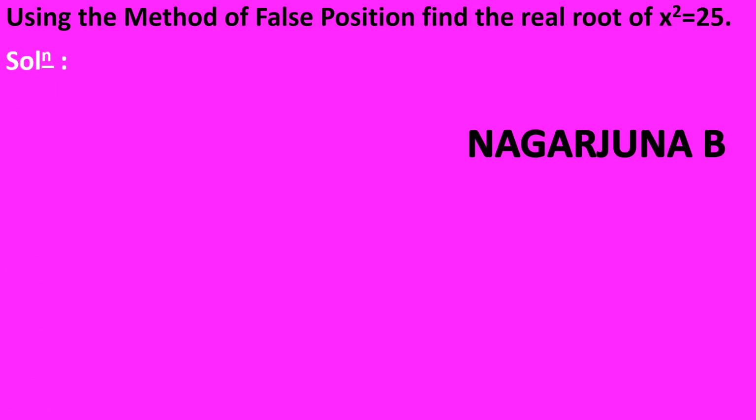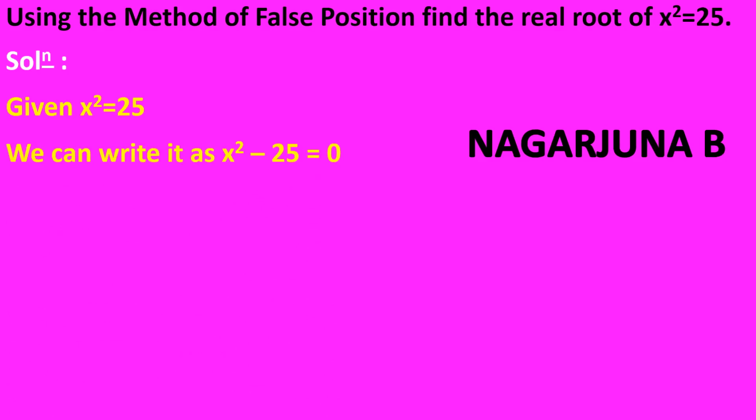So solution: given x square is equal to 25, this one we can write as x square minus 25 is equal to 0. So this one we consider as f of x, that is, let f of x is equal to x square minus 25.